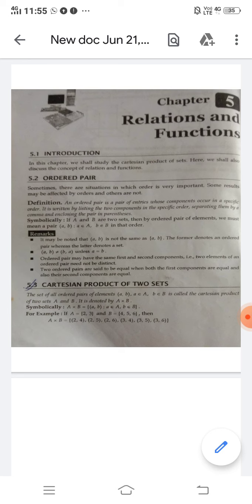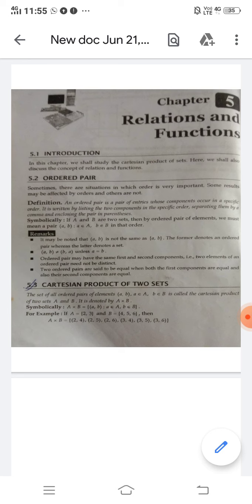For example, if A is equal to the set {2, 3} and B is equal to the set {4, 5, 6}, these are sets A and B. Then A cross B is equal to curly braces. कैसे निकालेंगे क्रॉस? Cartesian will be (2,4), (2,5), (2,6). Similarly (3,4), (3,5), (3,6).